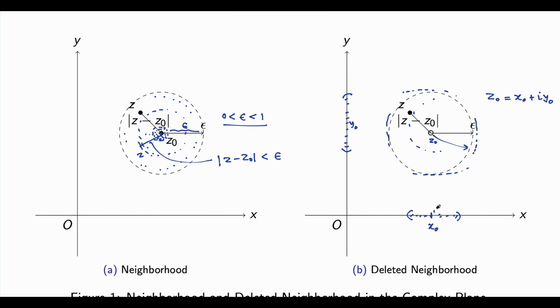Assume this has radius epsilon 1 and this has radius epsilon 2. The neighborhood satisfies the condition with the minimum of epsilon 1 and epsilon 2, which we call epsilon. Therefore, in the complex plane the neighborhood becomes a disk, whereas on the real line the neighborhood is an interval.